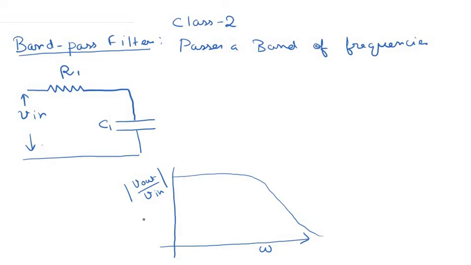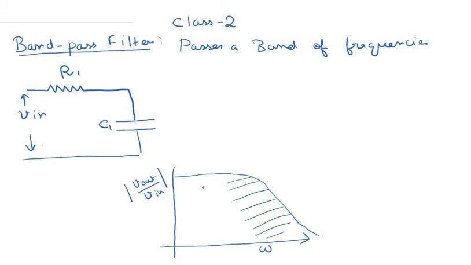Now what I want is that I want to select the range of frequencies around here, but I don't want the frequencies around this, or I don't want the low frequencies. Basically I want a band of frequencies.